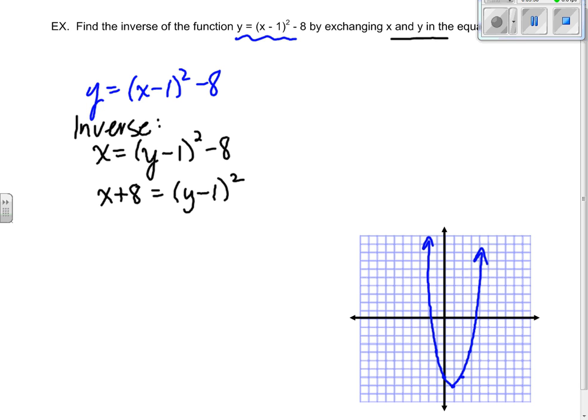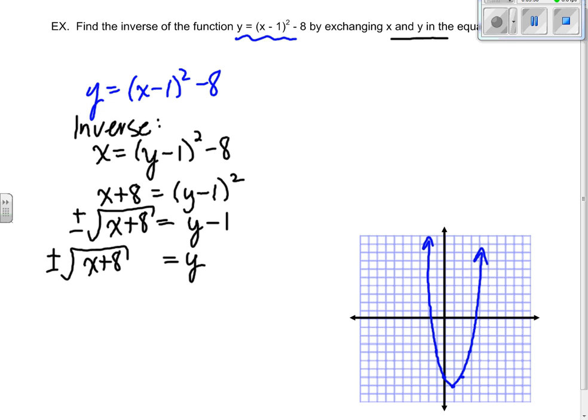I'm going to impose a square root on both sides, but I must remember to consider the positive or the negative square root of both sides, and I will add 1 to both sides. There. That is the inverse of the function y equals (x minus 1) squared minus 8.